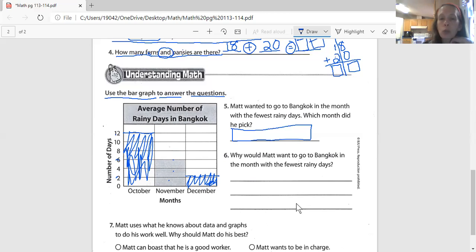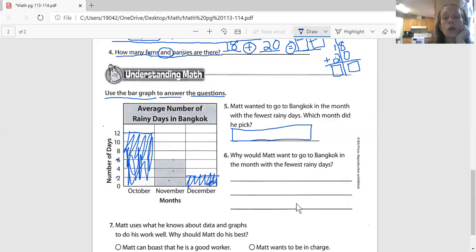And number 6 wants to know, why would Matt want to go to Bangkok in the month with the fewest rainy days? We really have to think here. He's on vacation. Why does he want to go when it's not going to rain very much? Why wouldn't he go when it's raining every day? No, you tell me.